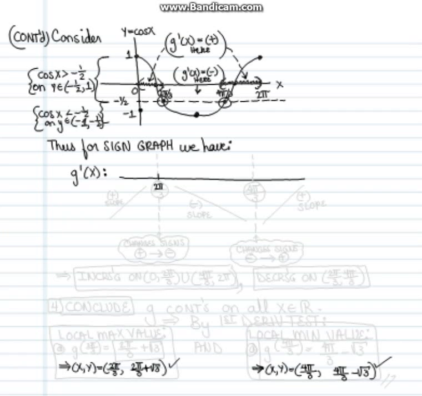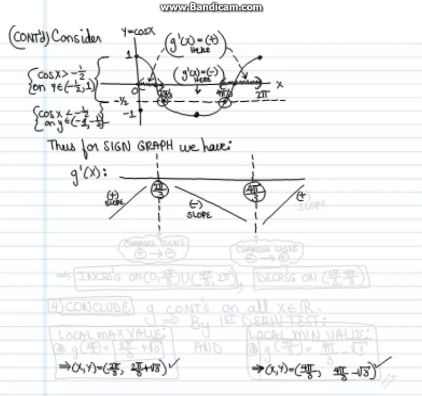Thus, for our sine graph, g prime of x is going to be positive to the left of 2 pi over 3, so we have a positive slope leaning to the right for the tangent. And then between 2 pi over 3 and 4 pi over 3, we have the slope negative. So the slope of the tangent is negative, it's leaning to the left.